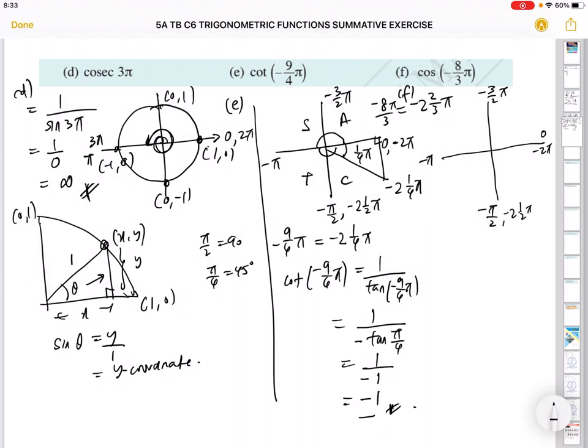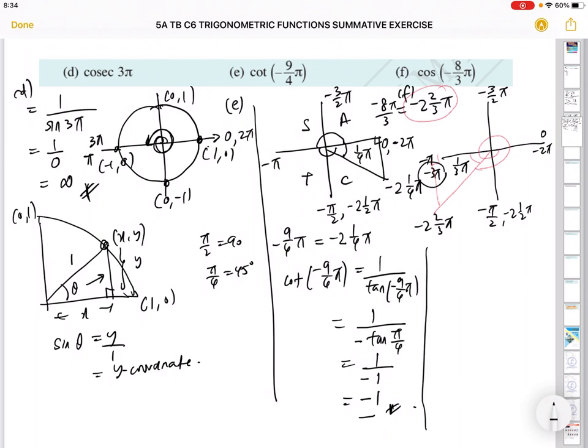So look at this. Let me use a color pen to highlight this for you. It is more than 2.5, but less than 3. But it's negative, so we have to go in the clockwise direction, move down towards the x-axis, and find the difference. Take 3 minus 2 over 3, the difference is 1 over 3 pi. So negative 2 over 3 is over here, you minus with negative pi, the difference is 1 over 3. So what do we do?